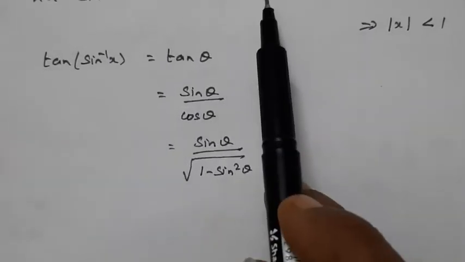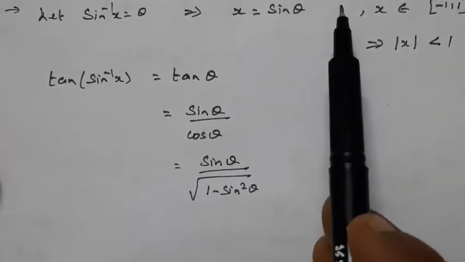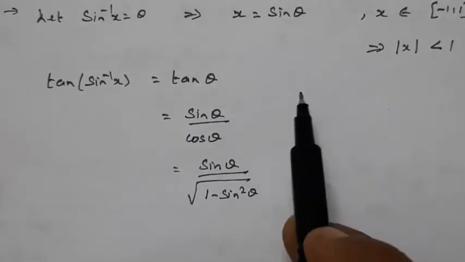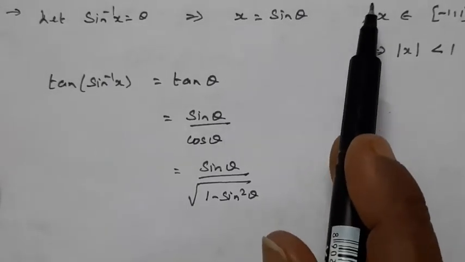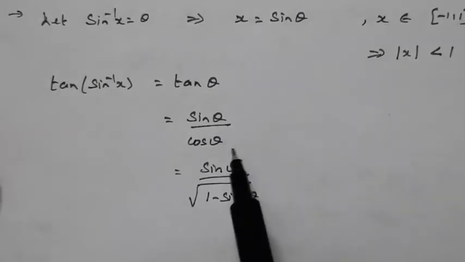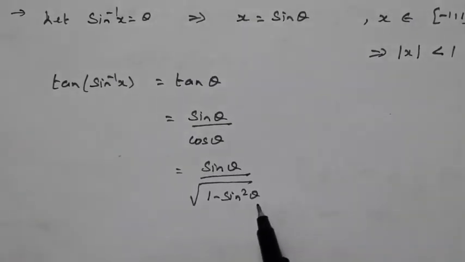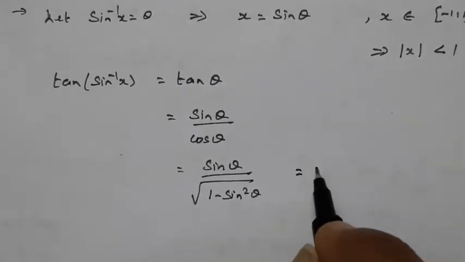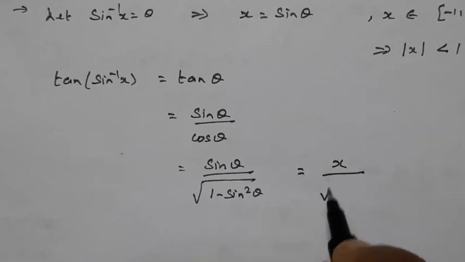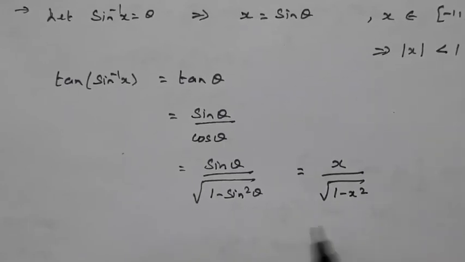Because the range of sin inverse is the closed interval minus pi by 2 to pi by 2, the angle belongs to the first quadrant and fourth quadrant. In that, cos is positive, therefore we can replace cos theta by root of 1 minus sin squared theta. Okay, then replacing sin theta by x, we have x divided by root of 1 minus x squared.